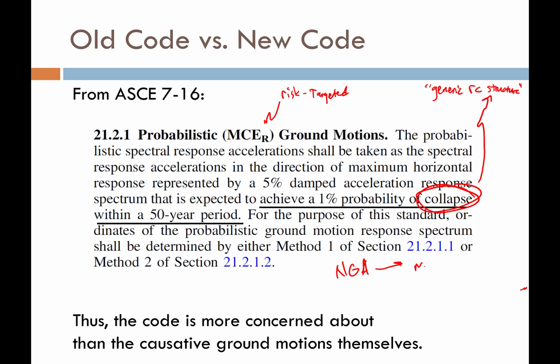Those give us the median, or kind of think of it as an average. Okay, so we have to not use those. We want to use the maximum. So you'll take the median response you get from your ground motion prediction equation, and you'll apply a fudge factor to get the maximum response.